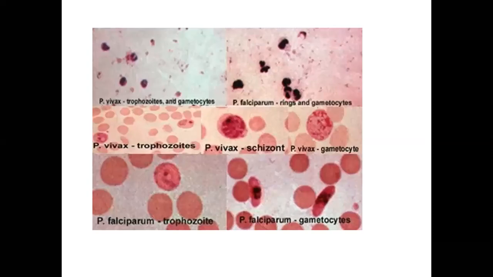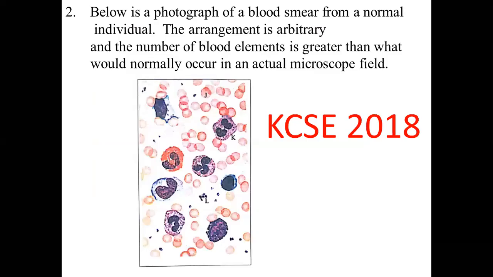This is a blood smear slide, which is used to observe the contents inside your blood, whether we can see plasmodium. Of course, we are not experts to see it right now, but the trained eye can easily even identify whether it is Plasmodium falciparum or Plasmodium vivax, or whether it's the gametocytes or trophozoites or whatever.